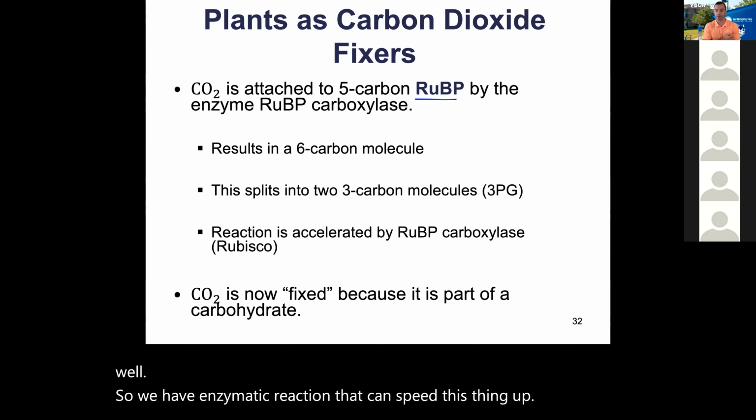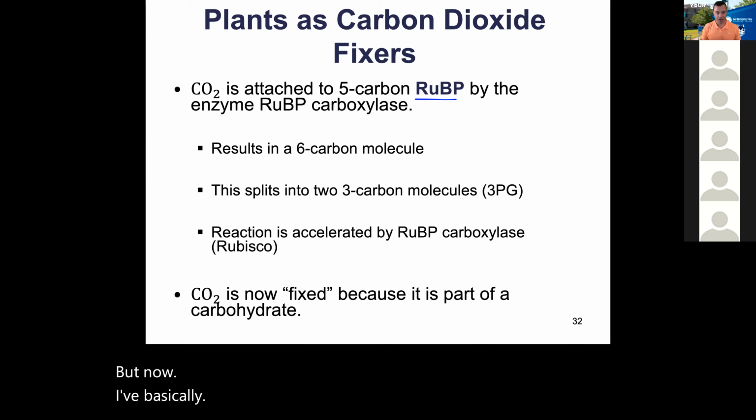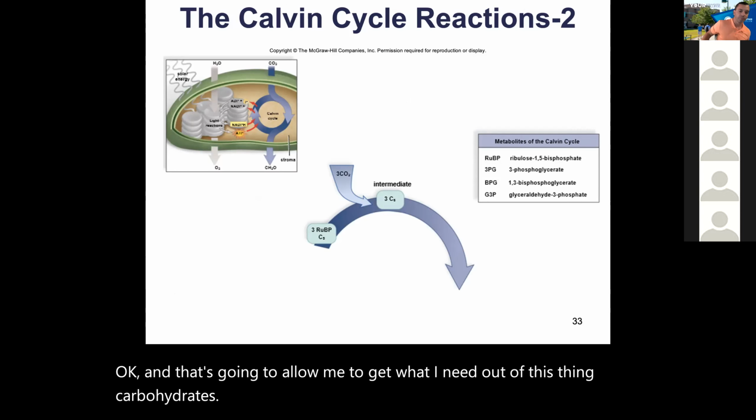But now I've basically fixed carbon dioxide. I've added something to it, and that's going to allow me to get what I need out of this thing: carbohydrates. And there's the words.